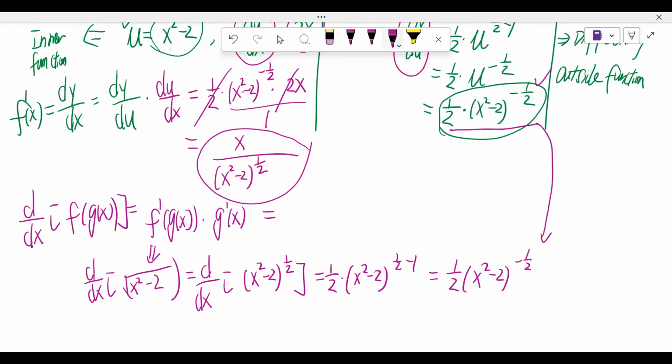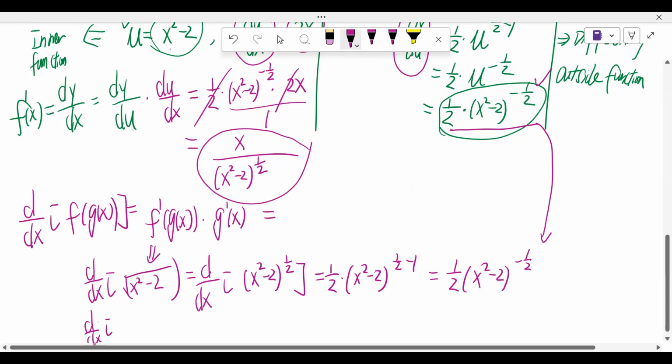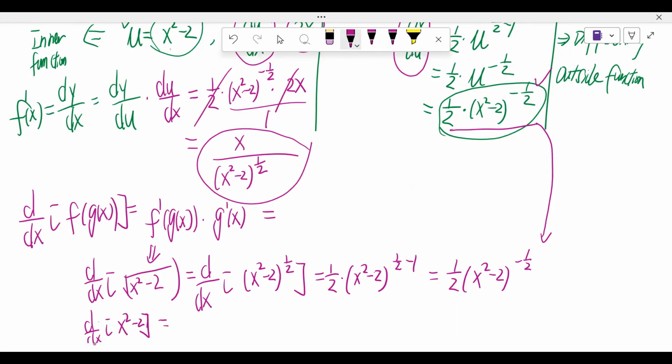The same result. We take care of this f prime of g of x, right? And then g prime of x, because g of x is the inner function. The inner function here is x squared minus 2. The derivative of x squared minus 2 is 2x. That's g prime of x.